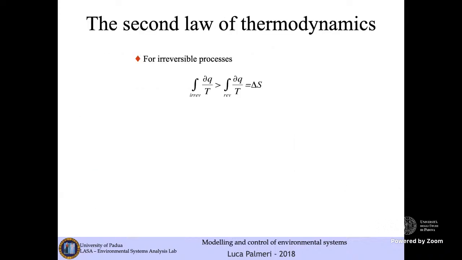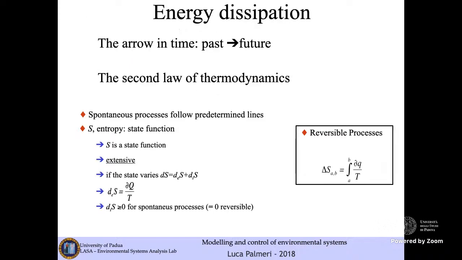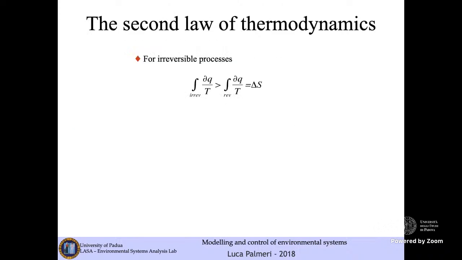For irreversible processes, since we recognize that the variation of entropy due to the internal processes is always greater than zero, we may only say that this integral, if we are able to calculate it for irreversible processes, is necessarily larger than the integral calculated along the same reversible process that passes from one state to another.